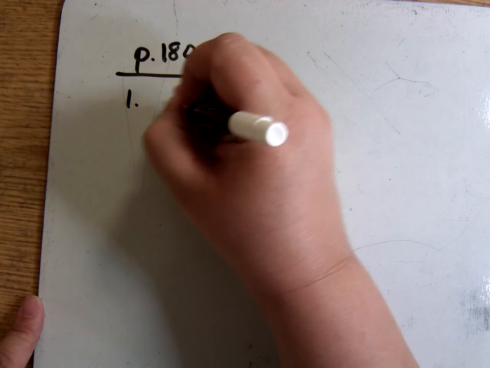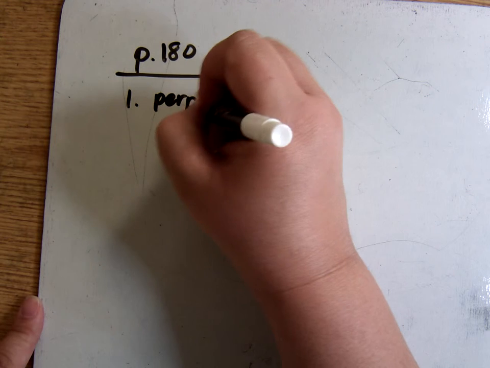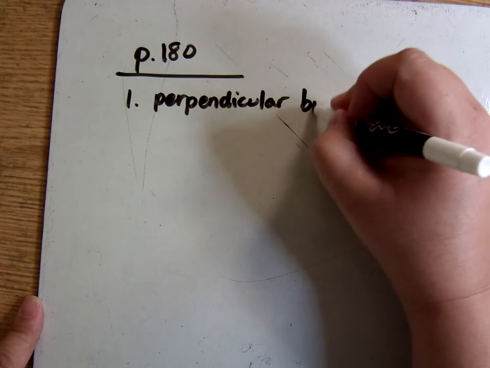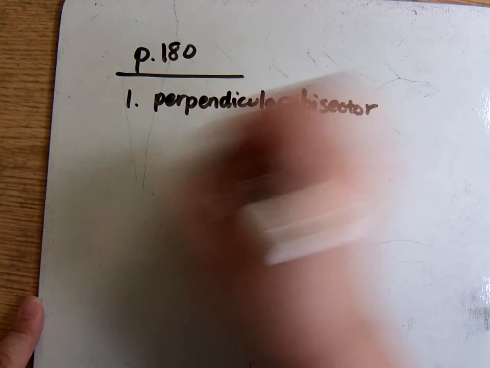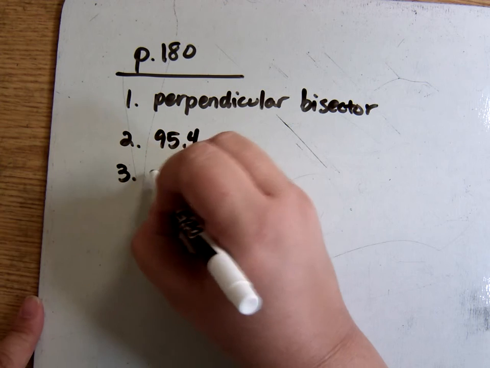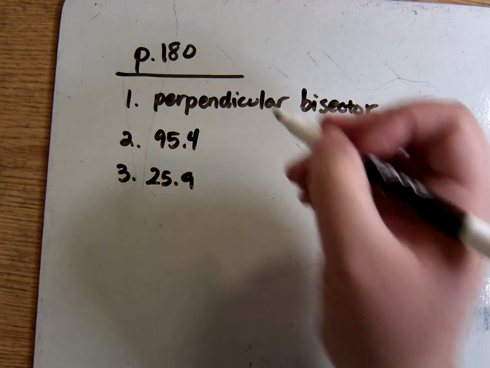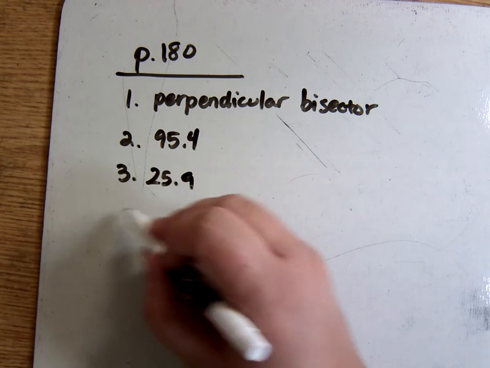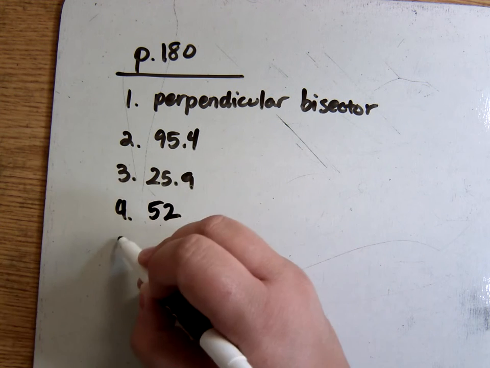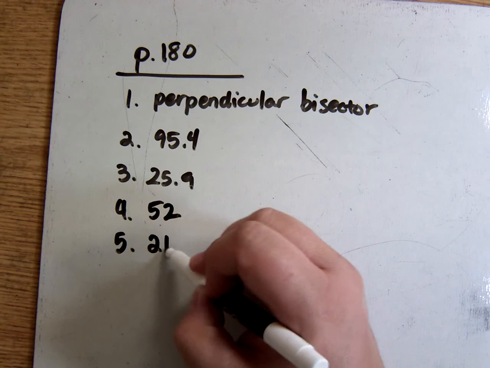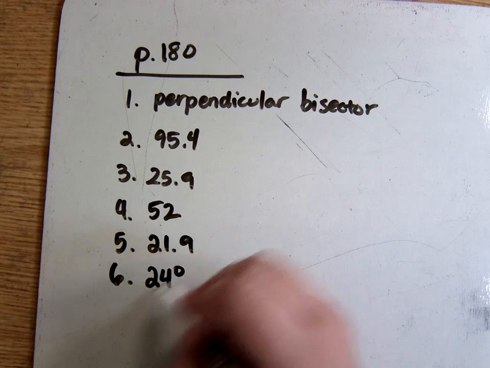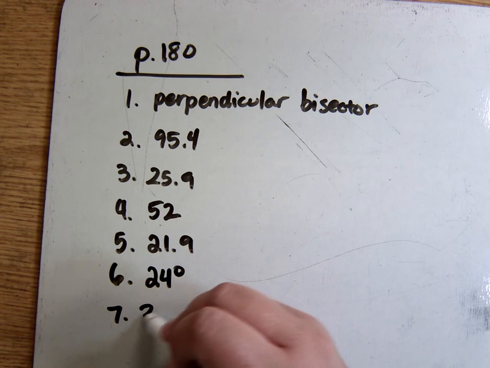Number 1 is perpendicular bisector. Two is 95.4. 3 is 25.9. 4 is 52. 5 is 21.9. 6 is 24 degrees. 7 is 38 degrees.